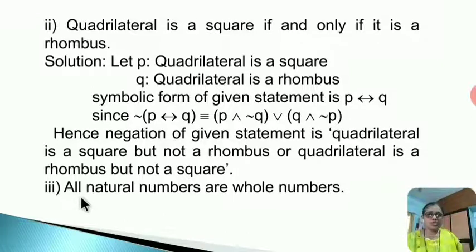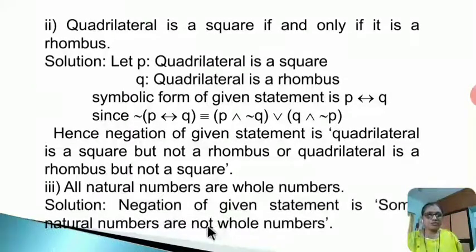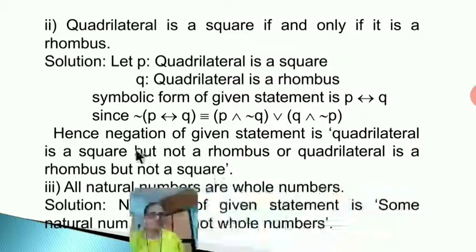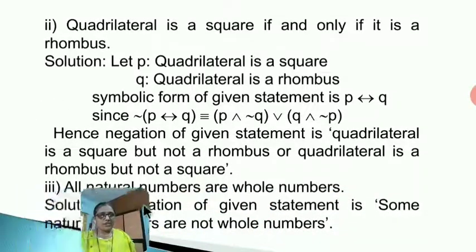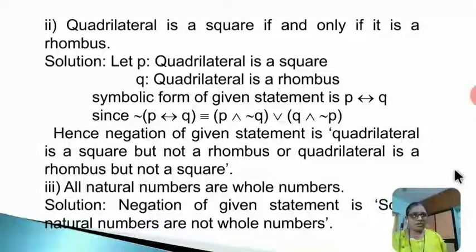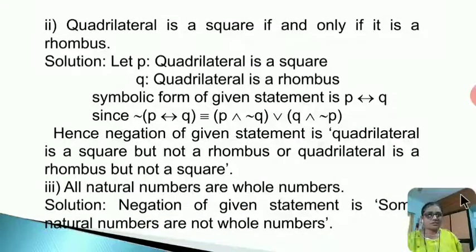And so here the negation of given statement is: some natural numbers are not whole numbers. Some natural numbers are not whole numbers.